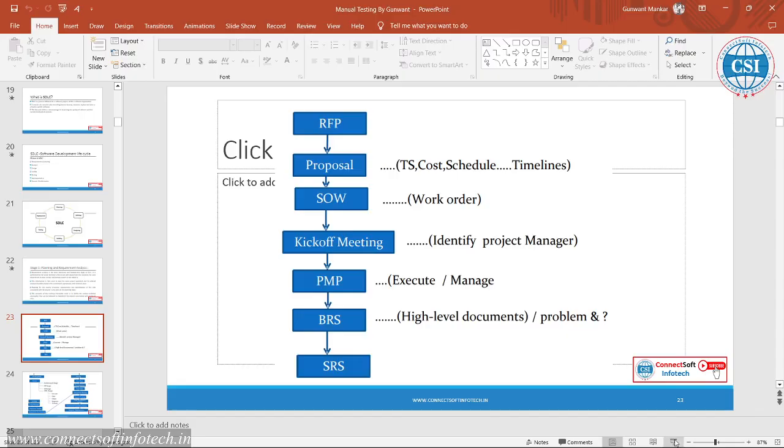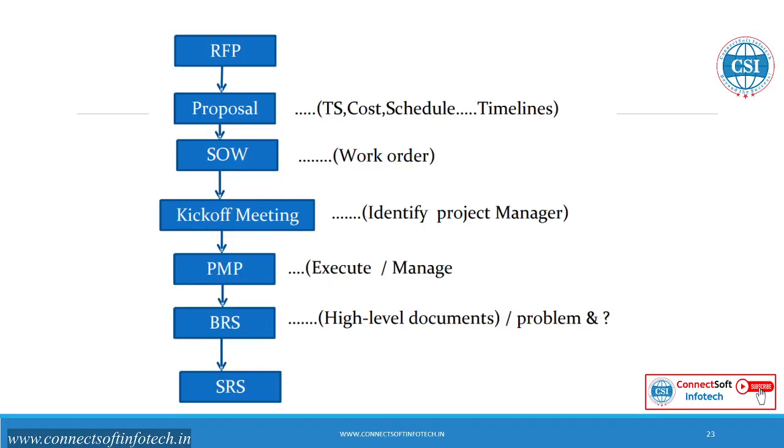Product is what the client requires, and product is the result of the project. So we can say the project is a name given. In that project, we can develop multiple applications, multiple products.